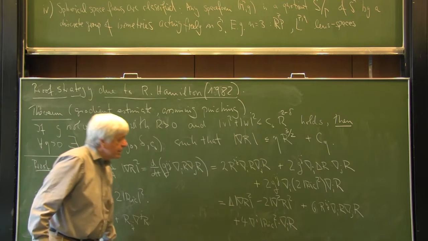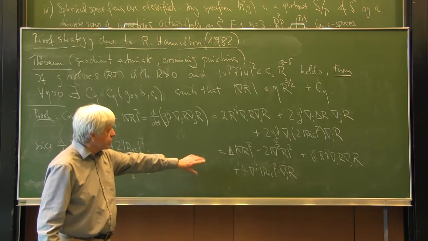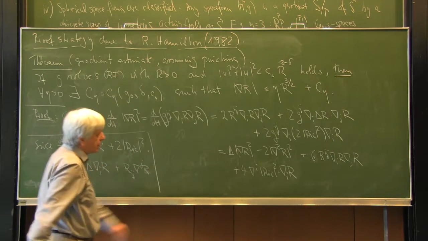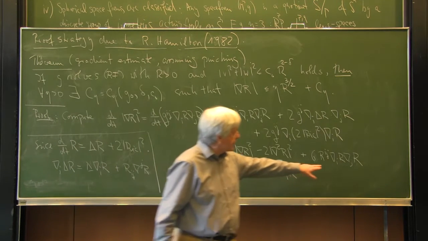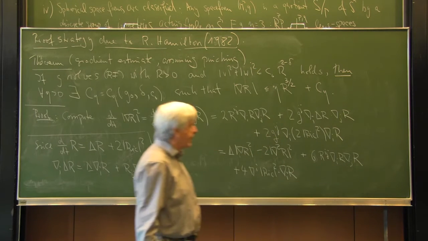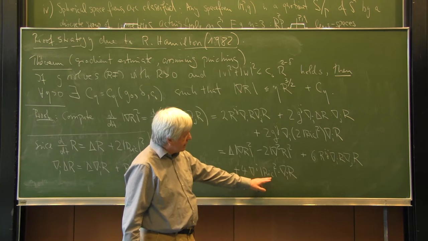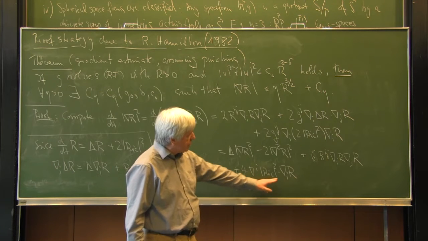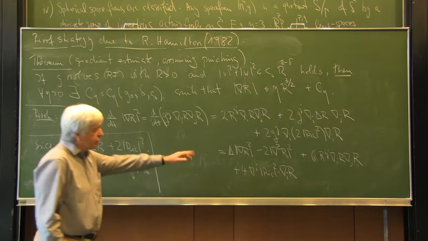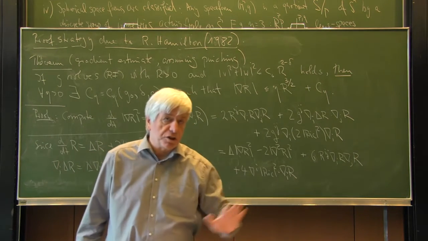Now, the important point here is the structure. This here is curvature times gradient of scalar curvature squared. And here we have gradient of curvature times gradient of curvature. Now, in view of the pinching condition, all the curvatures are comparable to the scalar curvature.